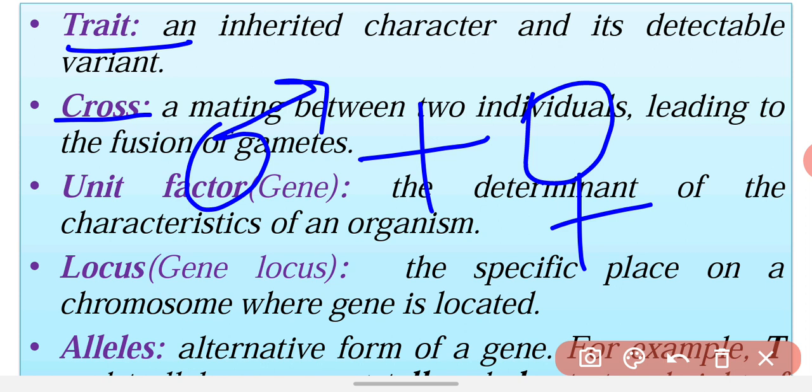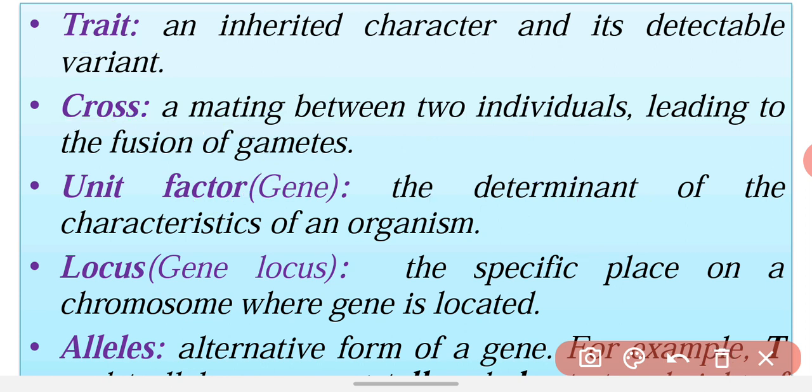The formation of gametes basically takes place in the reproductive system of the organism, and the result of fusion of gametes is known as fertilization. After fertilization, a new individual is formed which is largely similar to its parents, and sometimes a small amount of difference is seen in the daughter generation.